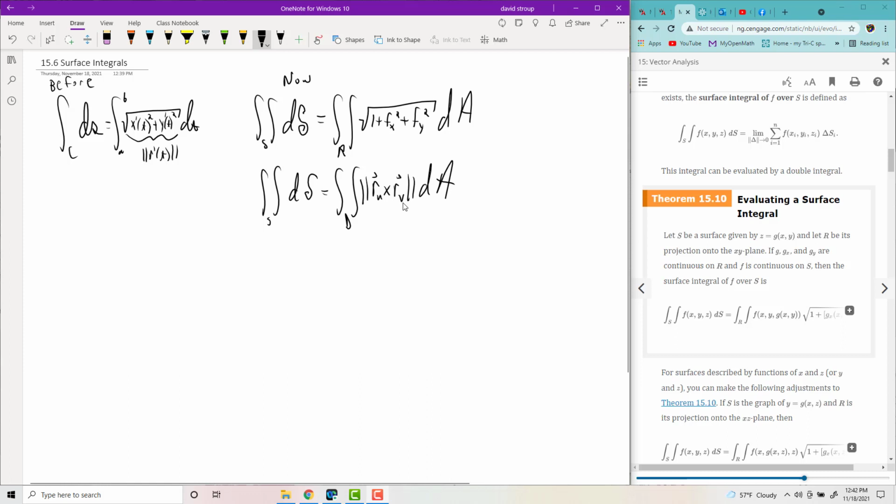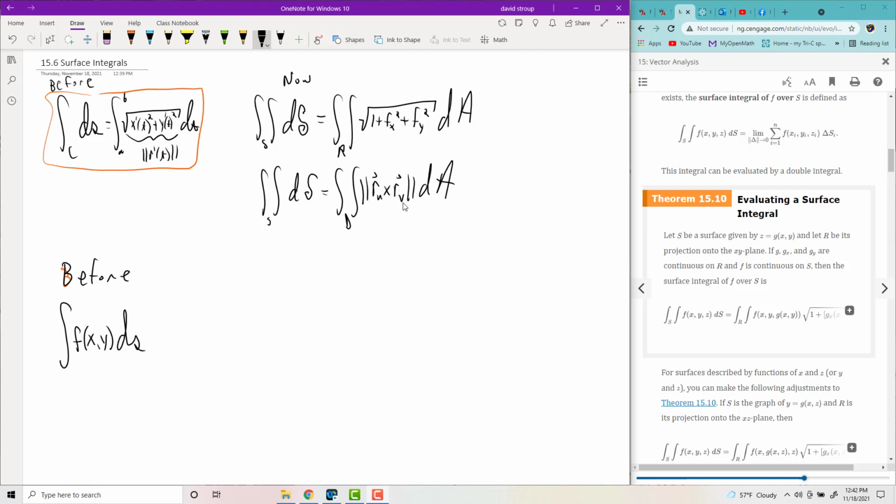Okay, so we didn't really start with this formula before. I don't think we started there exactly. I mean, we did technically, because we had seen the parametric form way back in Calc 2. At the end of Calc 2, they actually introduced that. But where we started before, in section, was it 15.2, was actually integrating some function like f of x y over some curve, right?